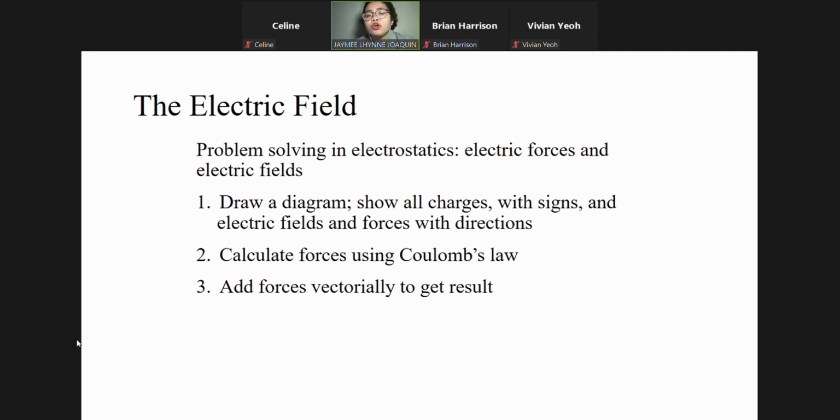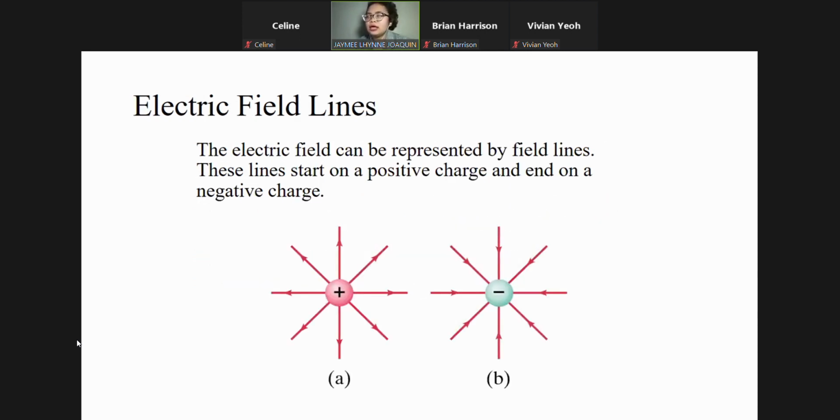Then to get the totality, or the F net of the vectors, add all of it, and you'll get the total electric force acting upon a specific object. With that, it will be easier for you to solve problems that include electrostatics.